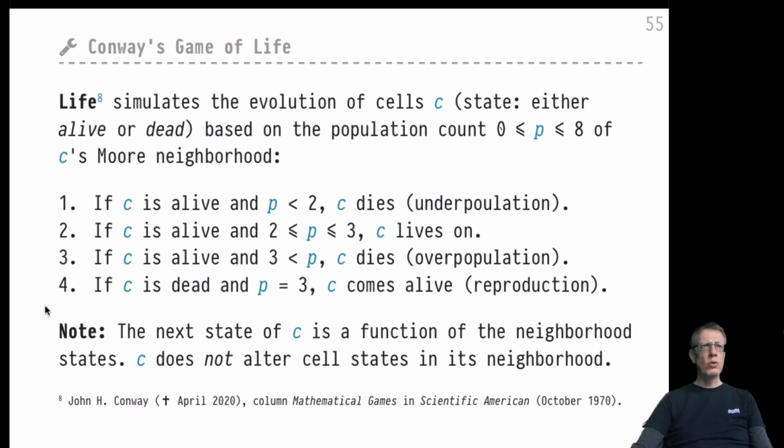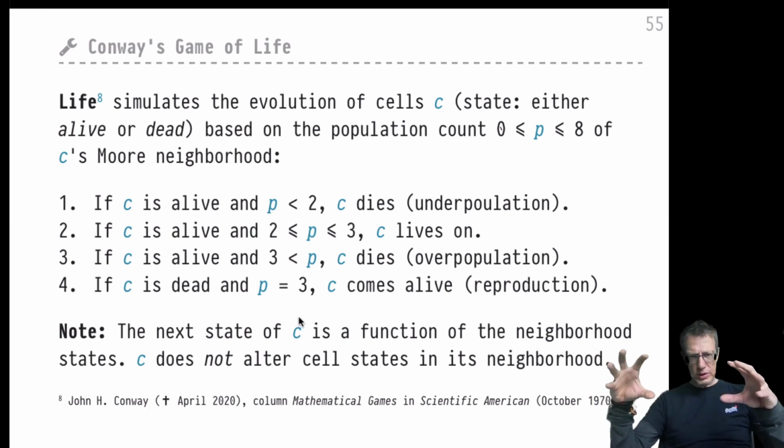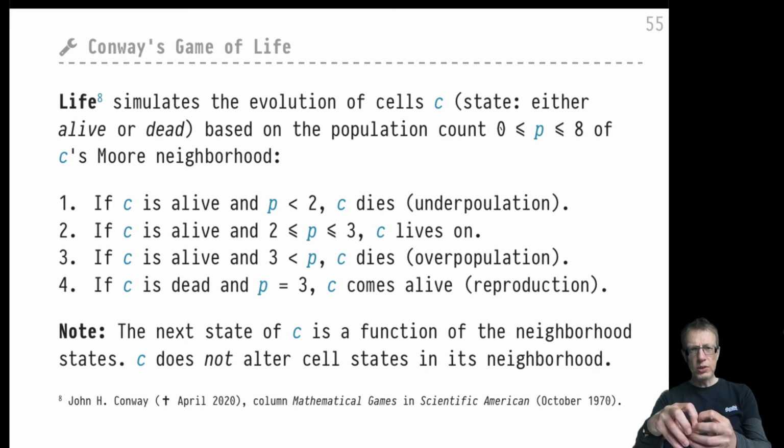Okay, so Conway's game of life is one instance of a cellular automaton where the state of the neighborhood influences the next generation of cell C. So all the cells in the neighborhood induce the new state of the cell C and influence cell C. C is not influencing the state of its neighbors.